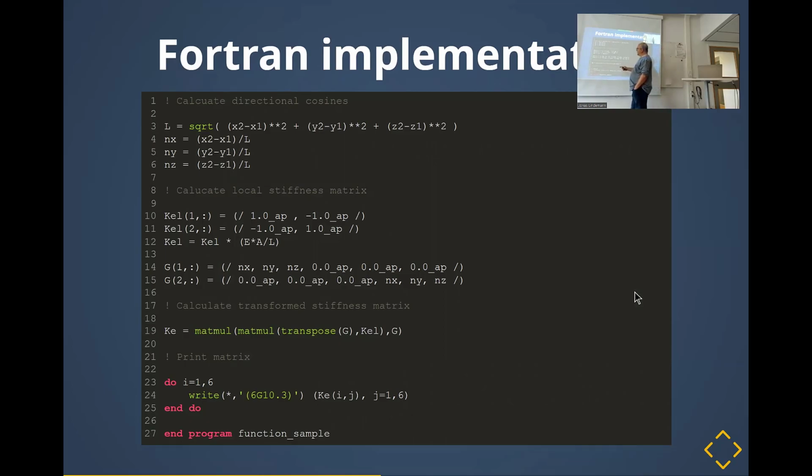Then I define KEL row by row. So instead of defining it in a single step, I do it in two steps. The first row I assign 1, -1, row 2, -1, 1. And then I can add my scalar constants just by doing KEL equals KEL multiplied by this.